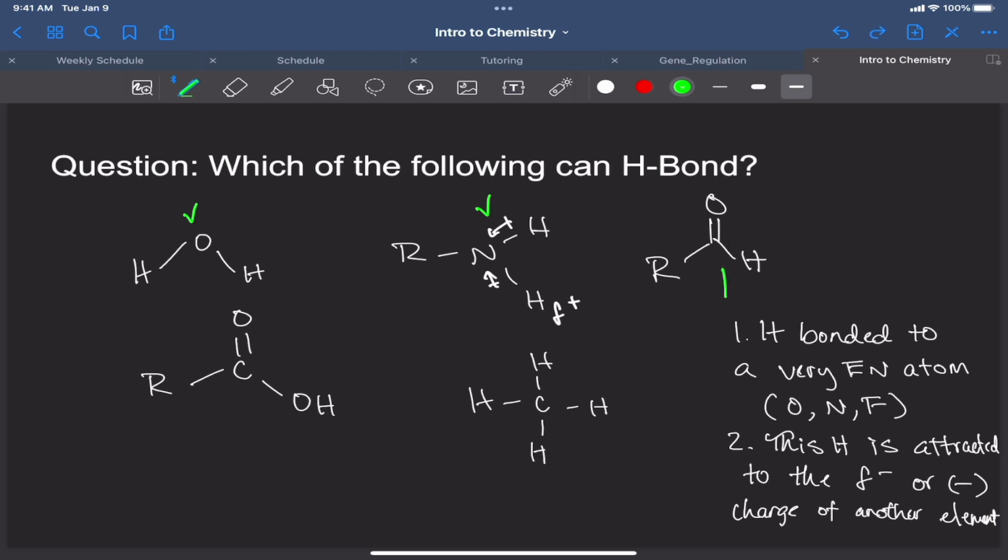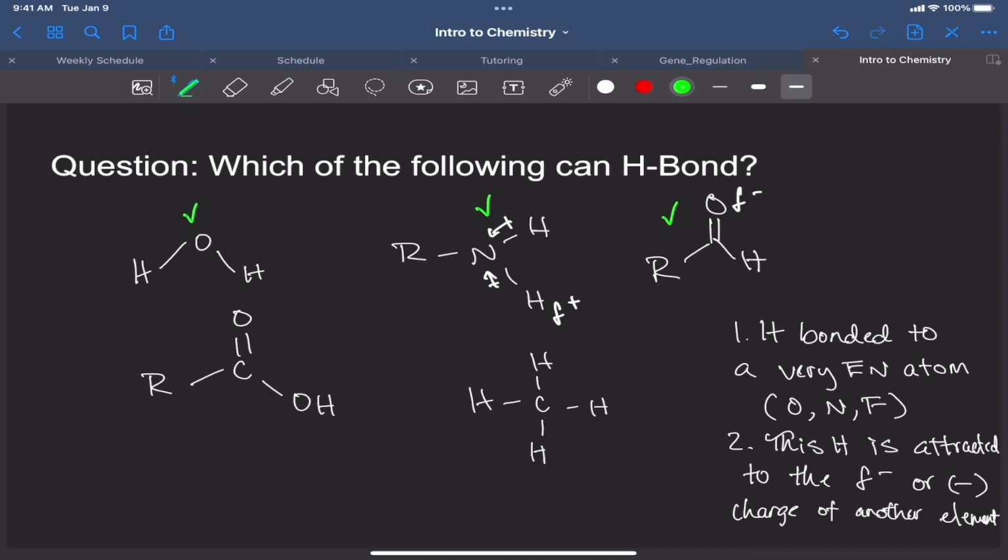However, remember, to hydrogen bond, you can either be a donor, right, give away a hydrogen, or you can be an acceptor. This oxygen here has a delta negative charge. So it can accept a hydrogen bond. So yes. It doesn't say can it donate a hydrogen bond. All we're saying is, can it engage in hydrogen bonding? So it can either be a donor or an acceptor.